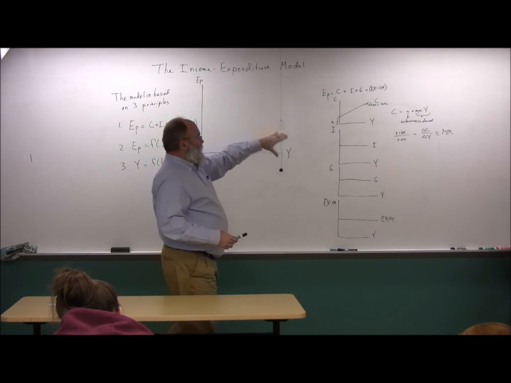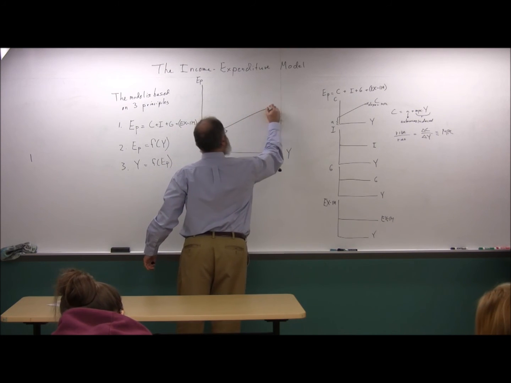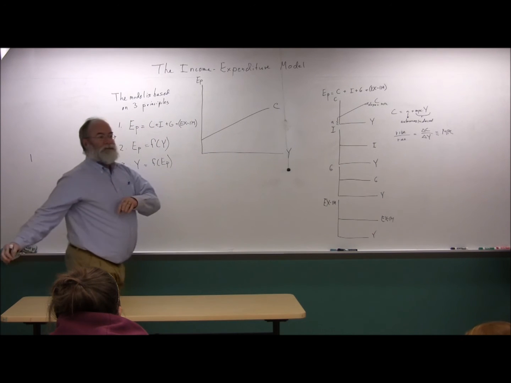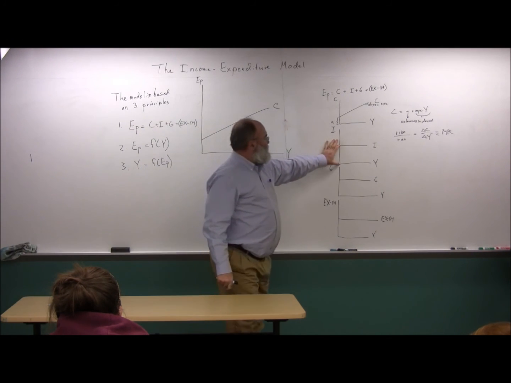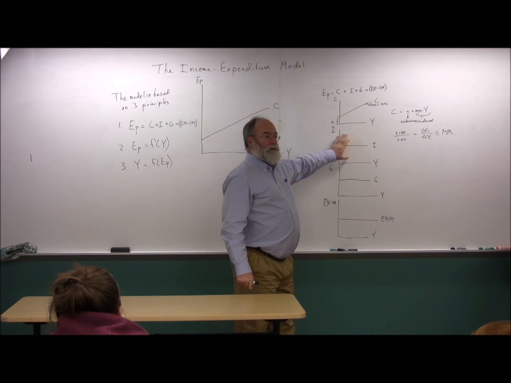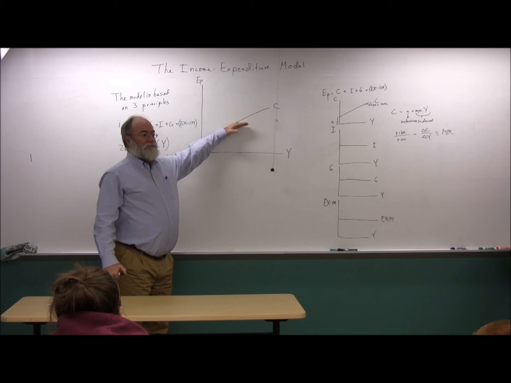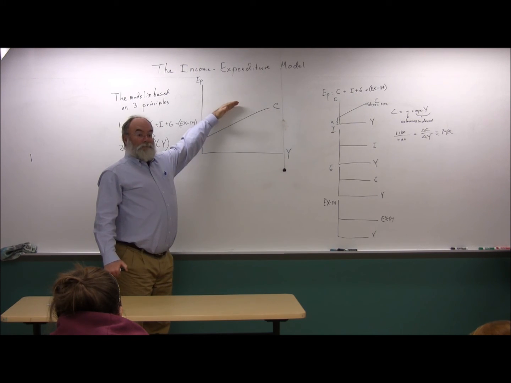Okay, we want to add these together. So we start with the consumption function. That's this thing right here. We just draw it on the bigger graph. Okay, then we add in a constant amount of investment. So what happens to the C line? It shifts up the C line, strictly speaking.